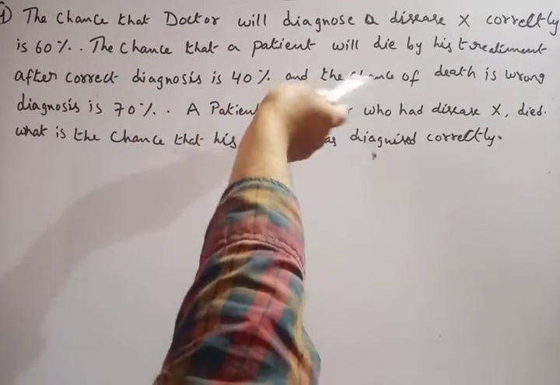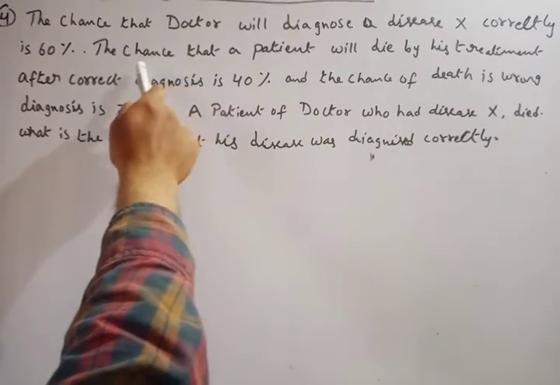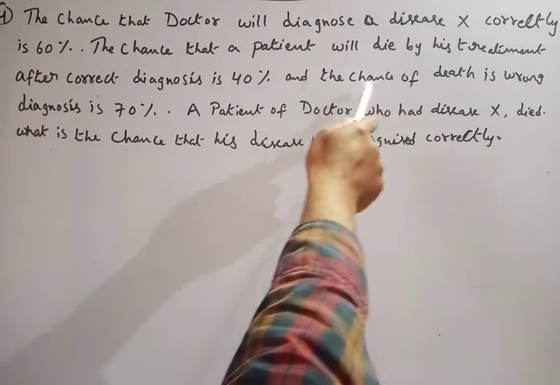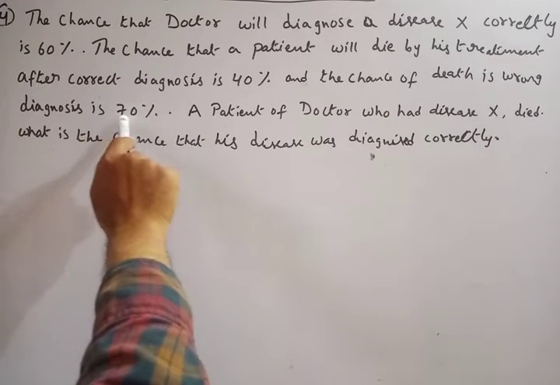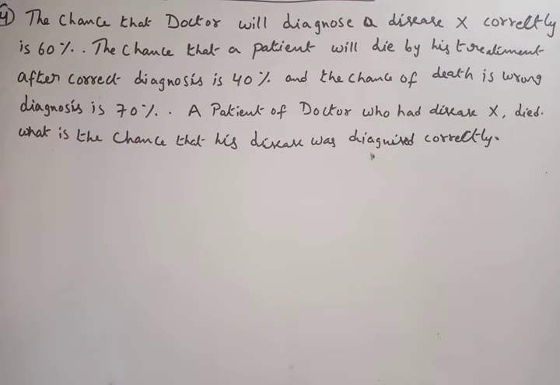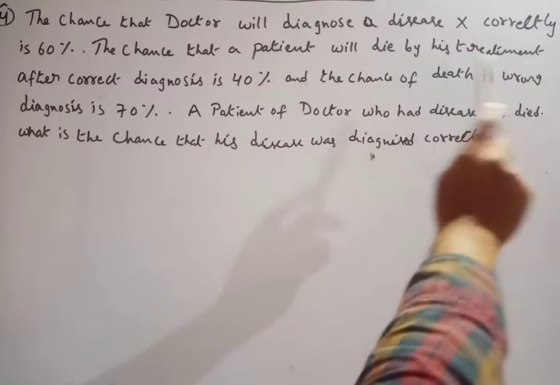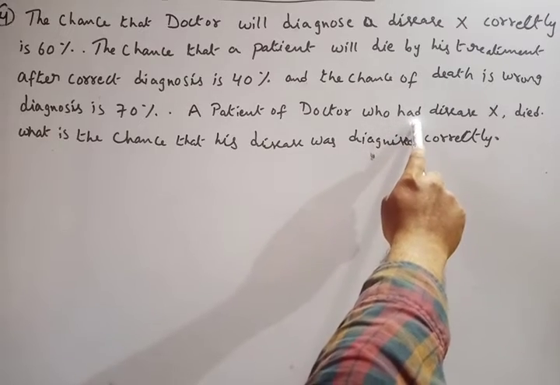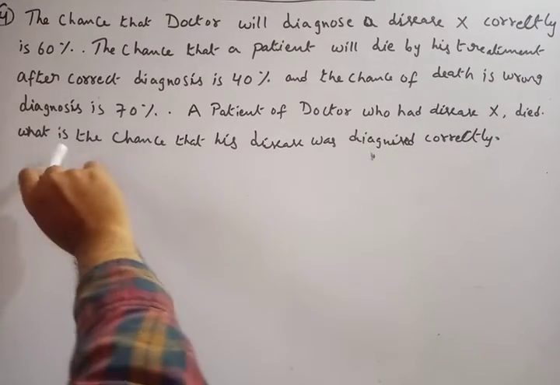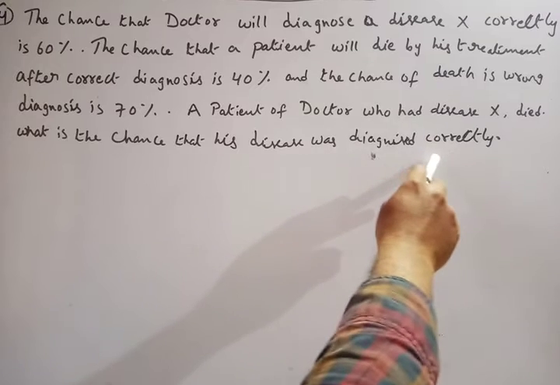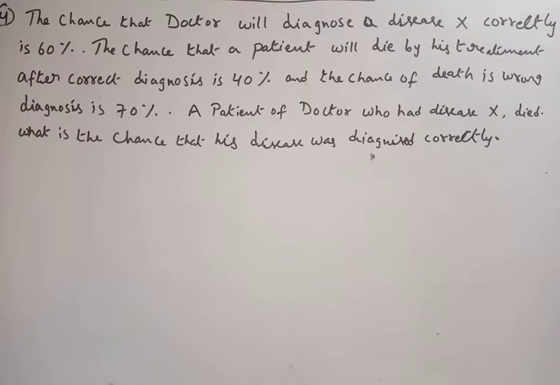And the chance of death with wrong diagnosis is 70%. Then a patient of the doctor who had disease X died. What is the chance that his disease was diagnosed correctly? That means after his disease was diagnosed correctly he died; he is asking what is the probability.